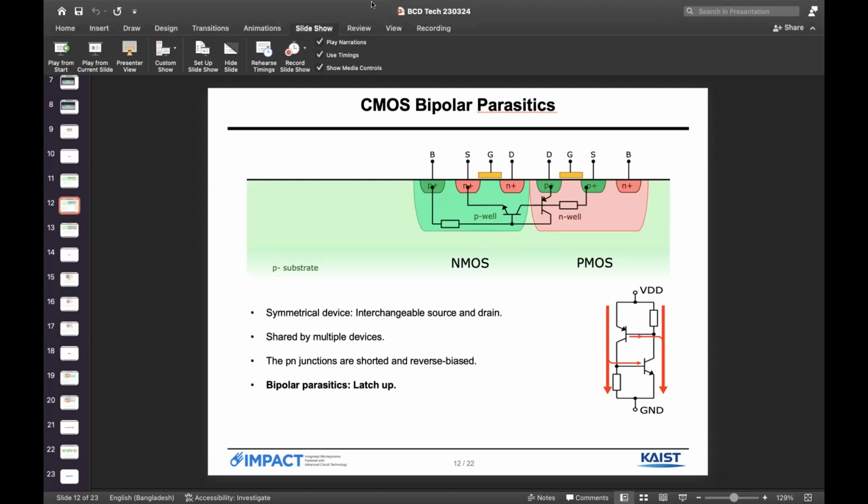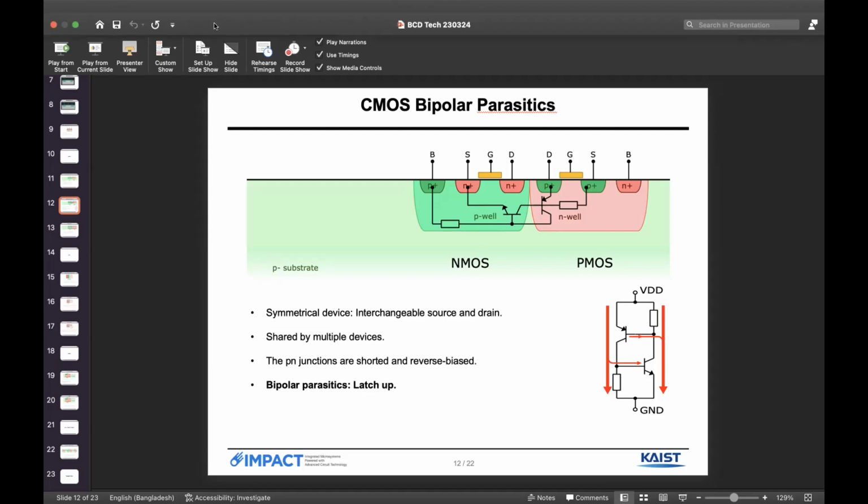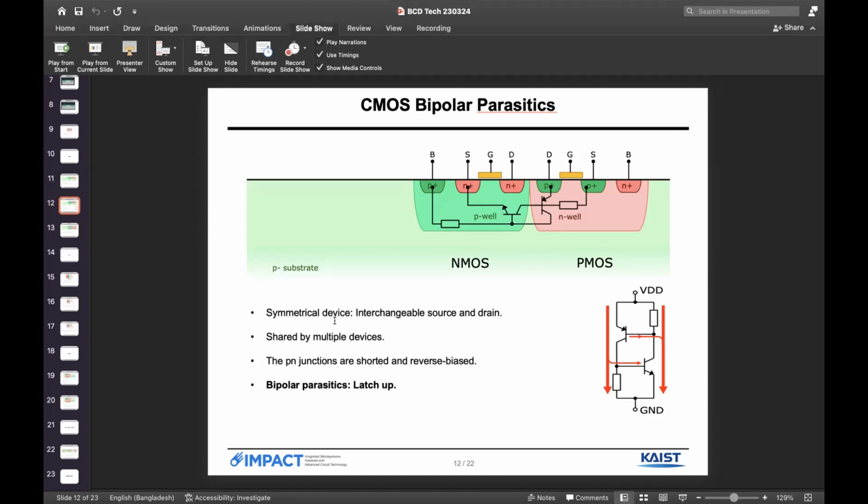Yeah. It should be VDD. Okay. Shorts. Is it in the same slide where the filter?